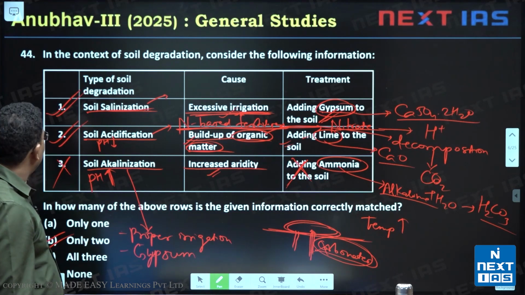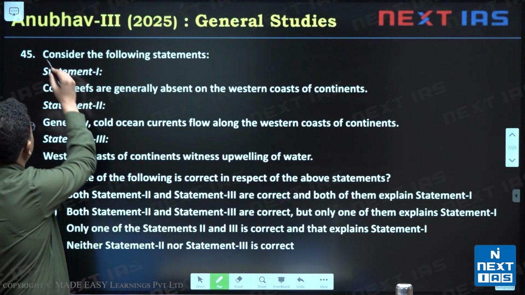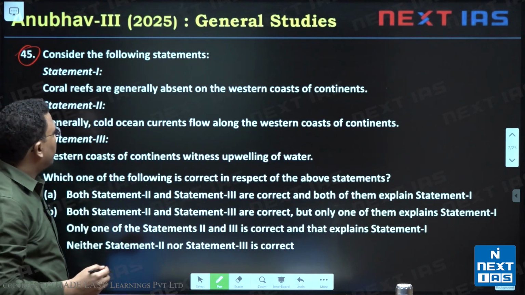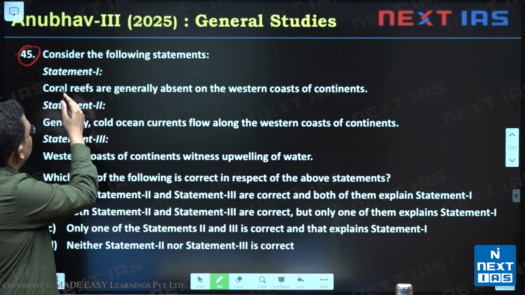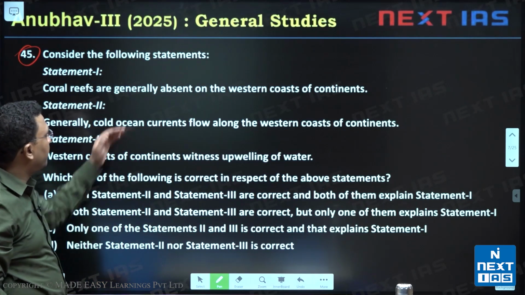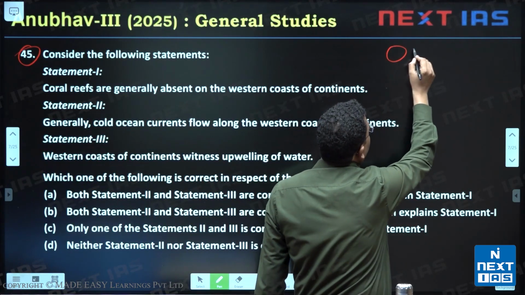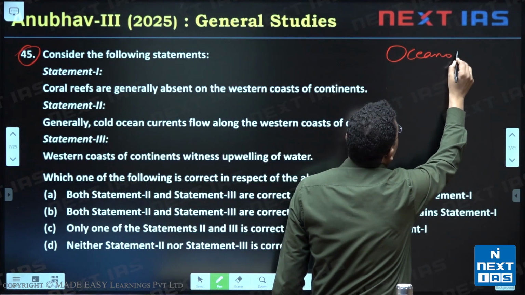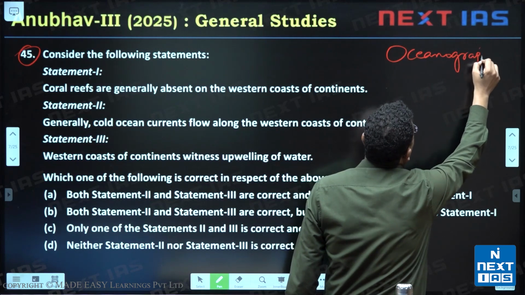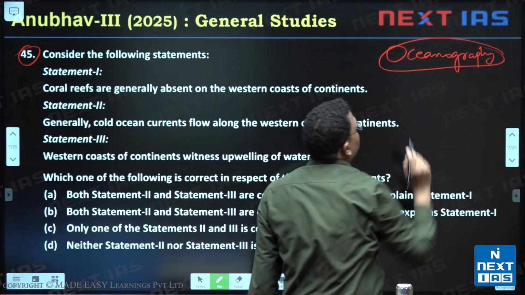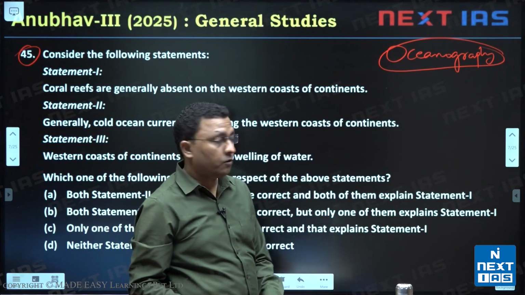Now let's move on to the next question, that is question 45. Consider the following statements. Statement 1, coral reefs are generally absent, right? So first of all, this is a question from the topic Oceanography. This is an important topic from the prelims exam point of view, right?